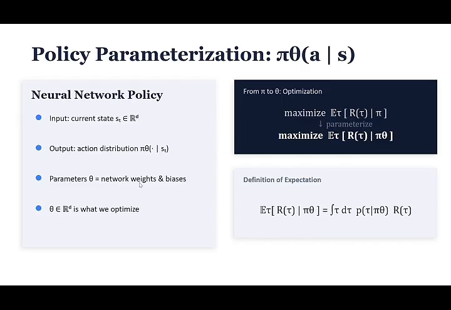The parameter theta is the network weights and biases, and theta belongs to R^d, which is what we optimize. The expectation of the reward is the integral over tau of R(tau) times p(tau | pi_theta), which means over the whole trajectory, the reward times the probability of choosing these actions under theta.